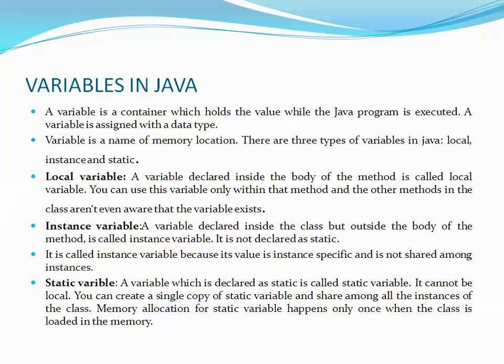Means 20 methods are performing 20 calculations, let us assume. So for those 20 calculations we are going to define 20 names, 20 variables, after performing the operation inside the method. Now what you declare inside the body of the method is called a local variable. Clear?